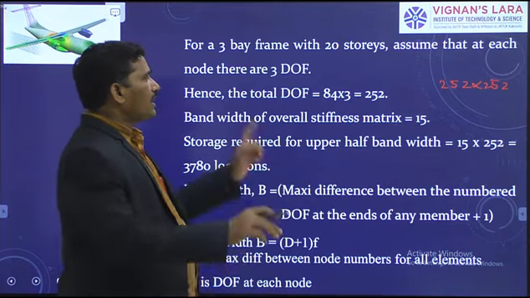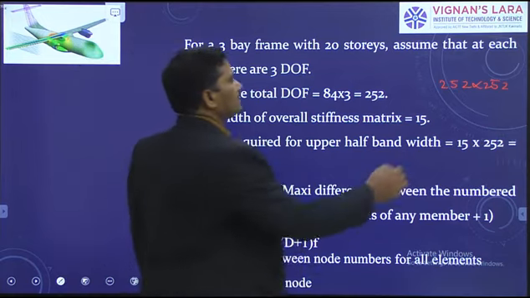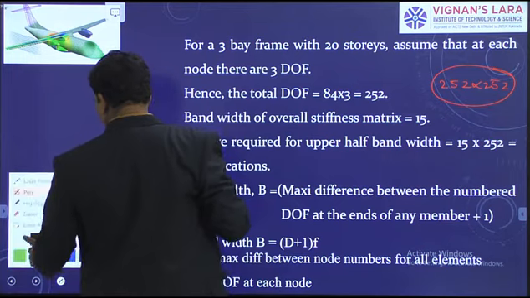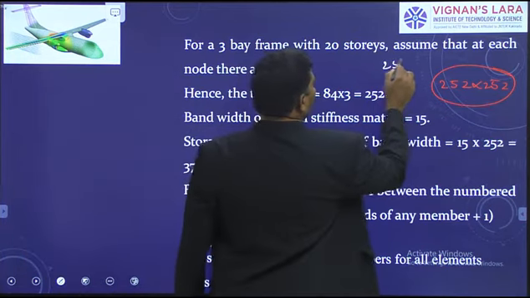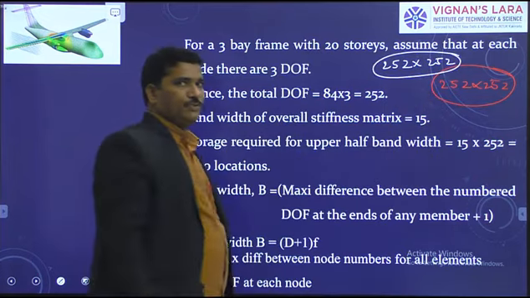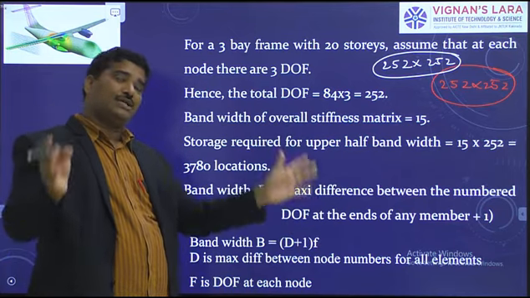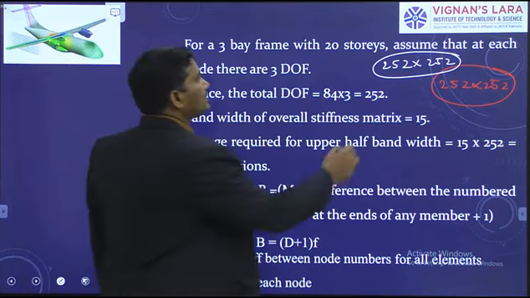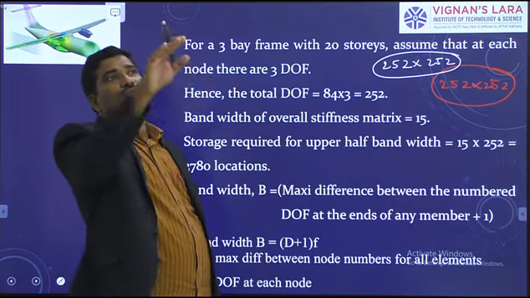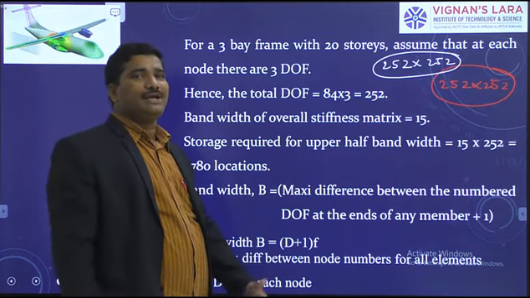The size of the overall stiffness matrix, or you can say global stiffness matrix, is 252 by 252. Very big matrix you get. How many rows are there? 252 rows. How many columns are there? 252 columns. Very big matrix.